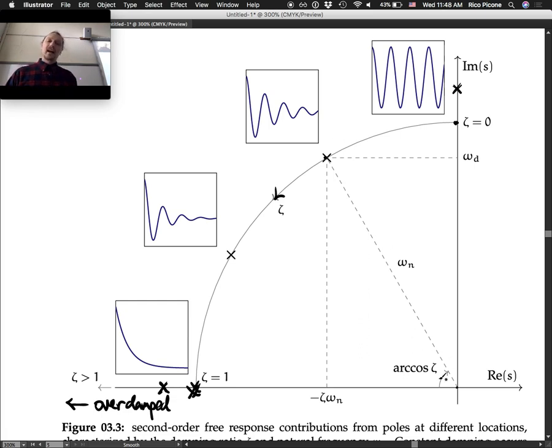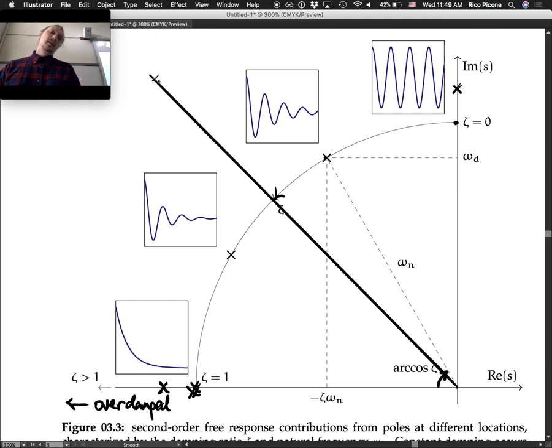And then our zeta can be interpreted from the angle. It's the arc cosine of zeta, which means that for one zeta, everything along a ray starting at the origin and going outward is constant zeta. So if I draw a ray, this would be constant zeta.